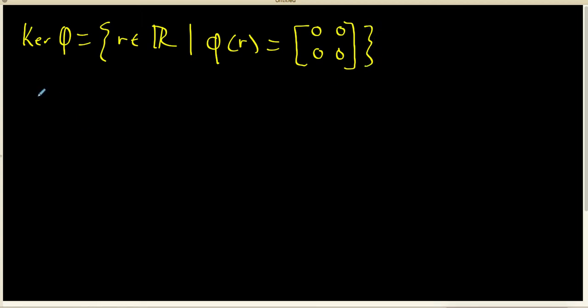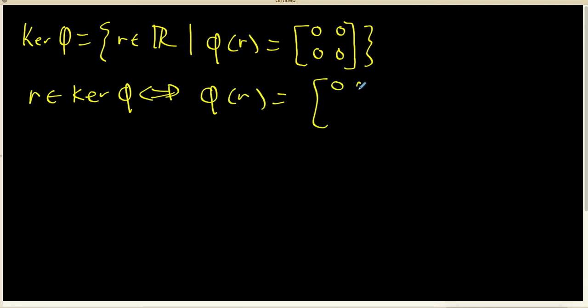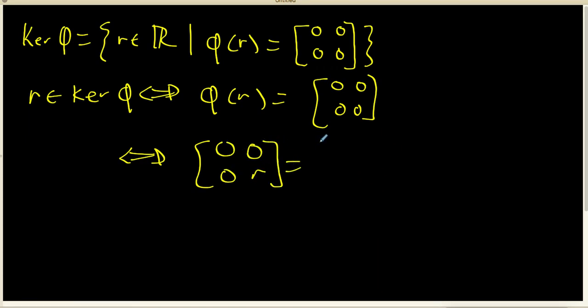So I can say that r is inside the kernel of phi if and only if phi of r is equal to that particular matrix, but phi of r is 0, 0, 0, r, so that matrix has to be this matrix.